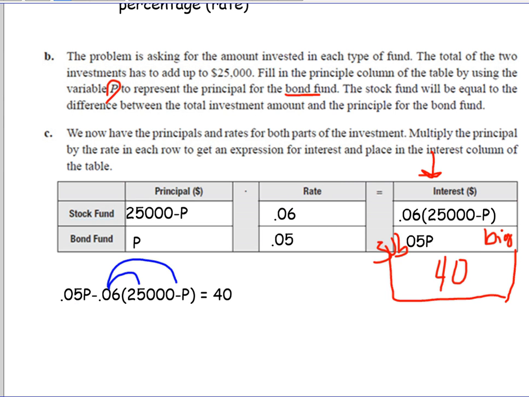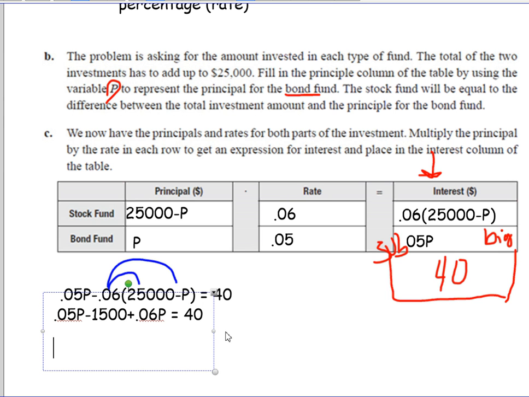So we have 0.05P minus, and then when we multiply our 0.06 times our 25,000, we get 1,500. Notice now we have negative 0.06 times negative P. Two negatives make a positive, so we'll have plus 0.06P equaling $40.